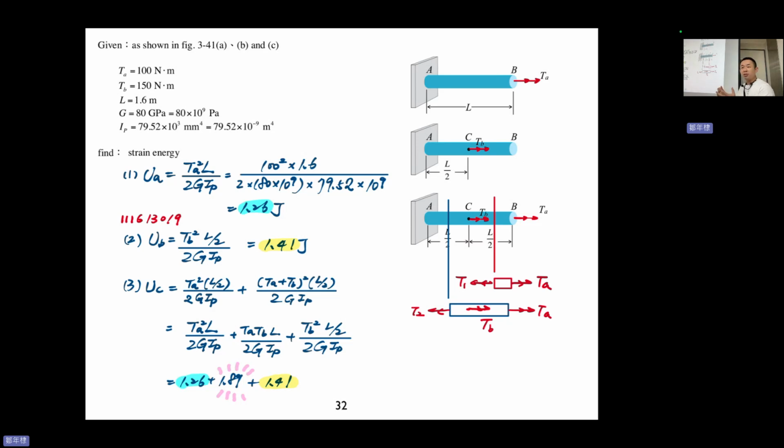We just plot it. The calculation is not that hard, not very difficult, but the concept is important. Let's take a look. I believe you quite understand this, right? Because we've done that in chapter 2.